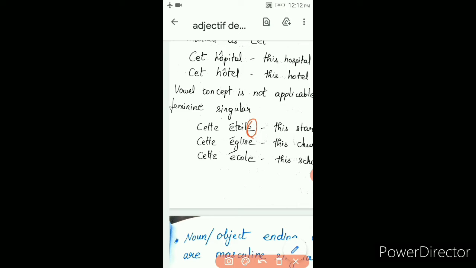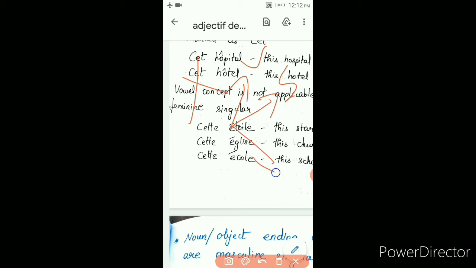What we have learnt is, whatever ending up with e is feminine. So for feminine, this vowel concept is not applicable. You have to, as usual, write the feminine concept only. Hope it is clear. It is starting with vowel. It is singular. But even then, this vowel concept is not applicable.